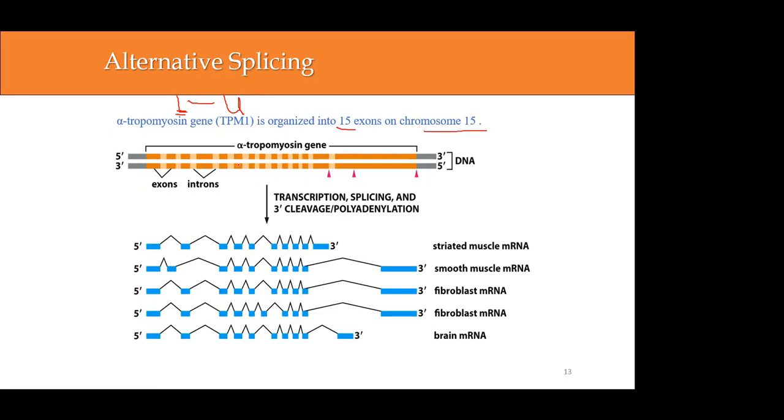Due to different splicing of this protein, you will have a huge variety of this protein in the muscle. Look at all the different forms. For example, here we just cut this part, while above we cut here and here, so we also lose this exon in the middle. All of that is gone here, as you can see. So we cut in different parts. It's called alternative splicing. Just don't forget it. It will give us different forms of the mRNA and even different cells.